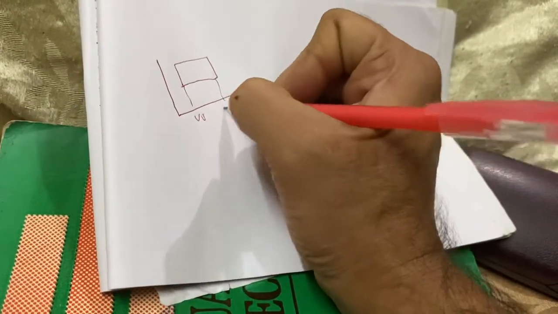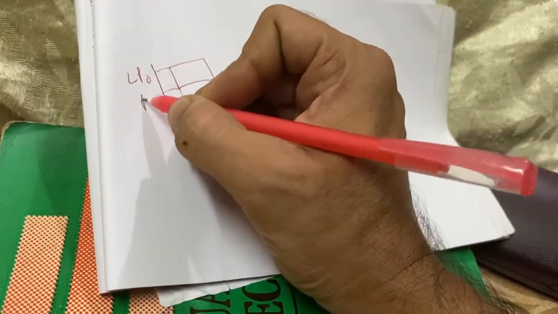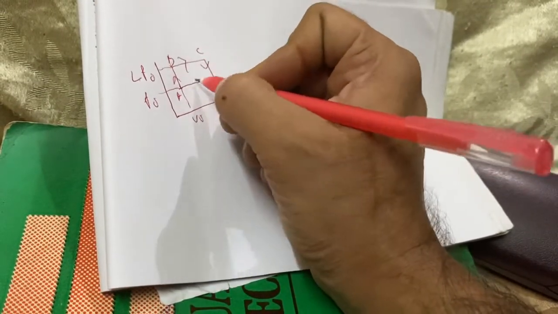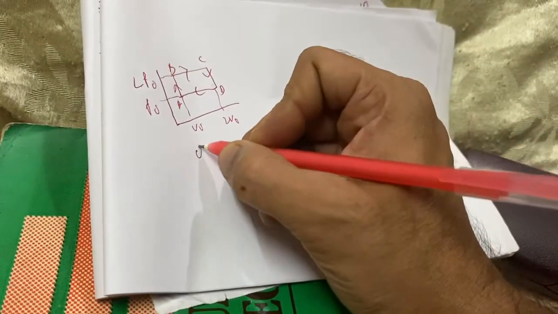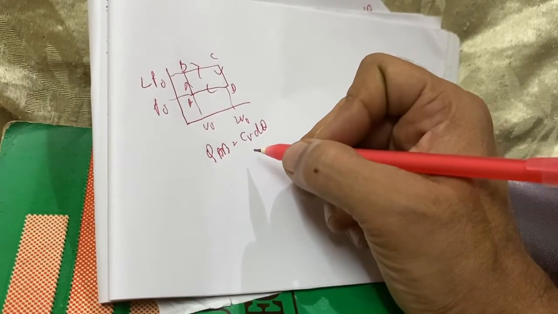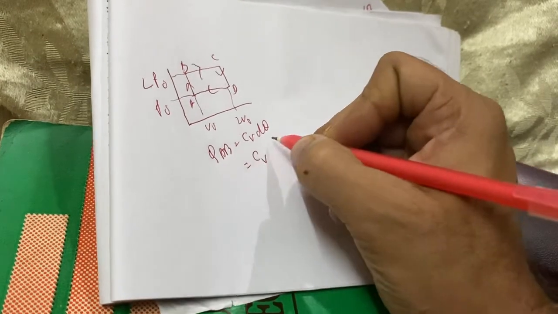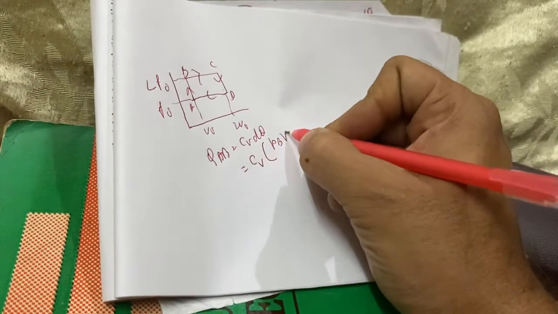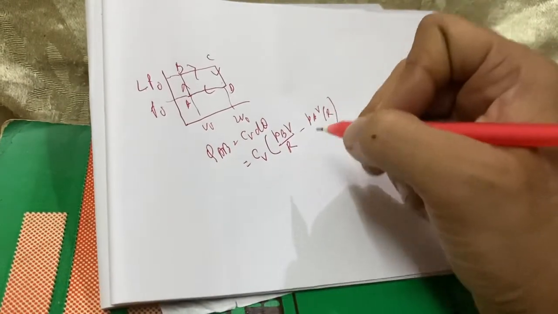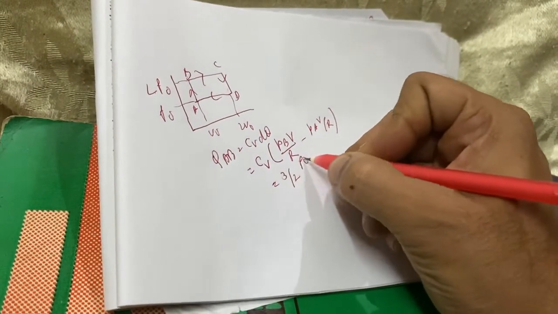Suppose it is V0, twice V0, P0, twice P0, A, B, C, D, a total process. So QAB is equal to Cv d theta, that means Cv times (PB V by R minus PA V by R), that means 3 by 2 P0 V0.